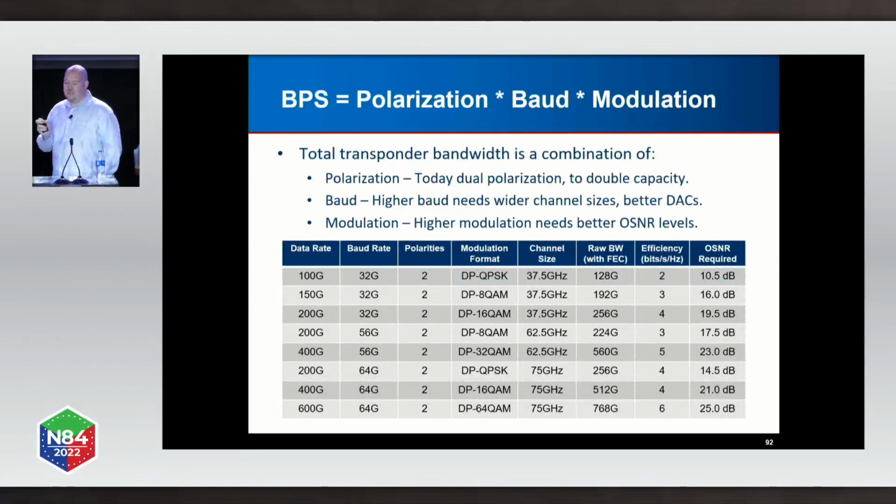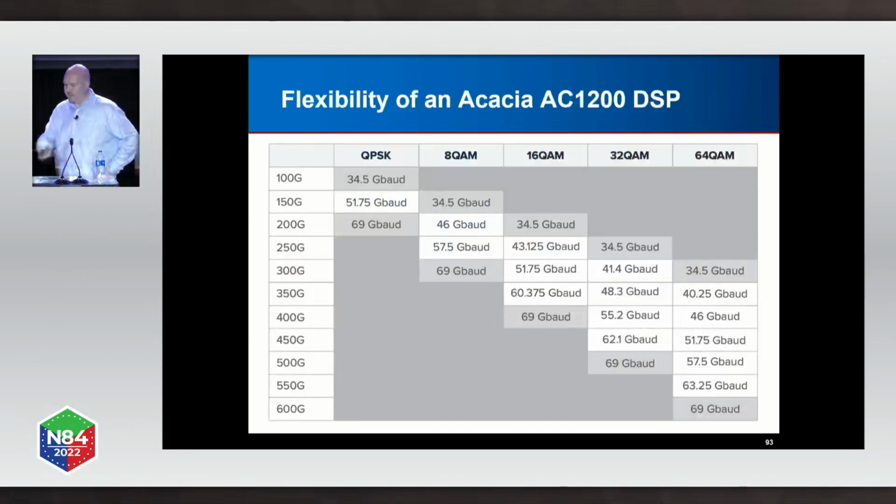One takes a wider channel, and the other requires a higher OSNR. So you have to strike a balance. The way modern systems work is they give you complete choice. You have this giant matrix of what you want, and it figures out what it can do with the channel conditions that I have. Oh, okay, I can run this thing at 250 gigs. It's very, very flexible. In fact, I think I have a slide from that.